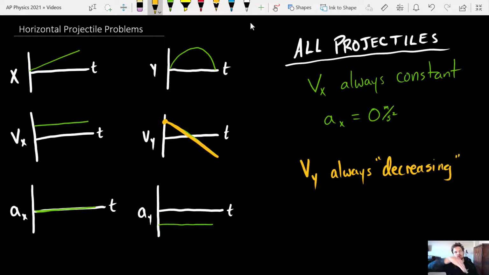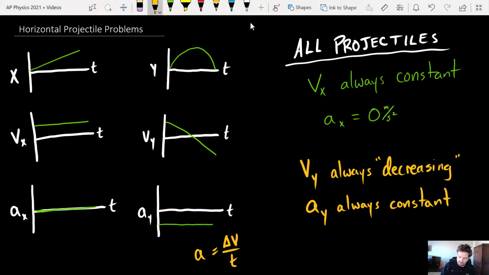The velocity is always changing negatively, right? And so what that does is it tells me there is always a negative acceleration. Because remember, acceleration is simply the change in velocity over time. So this tells me acceleration in the y direction is always constant.